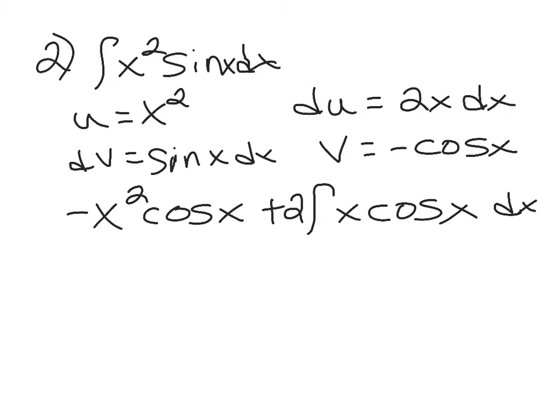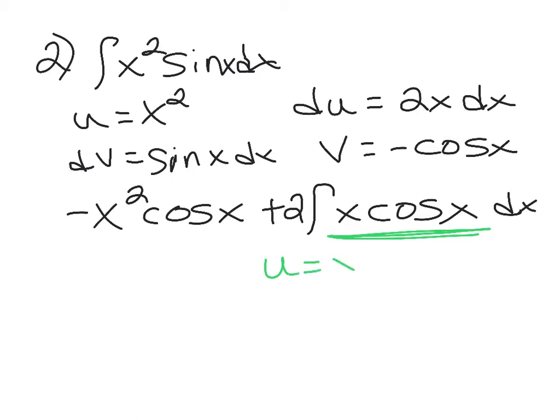Okay? So I get to here, and now I was hoping that by using this technique this green part here would be something I knew how to integrate. Unfortunately for me, this is a case where I need to use integration by parts again. So just for this green part I need to assign another u.